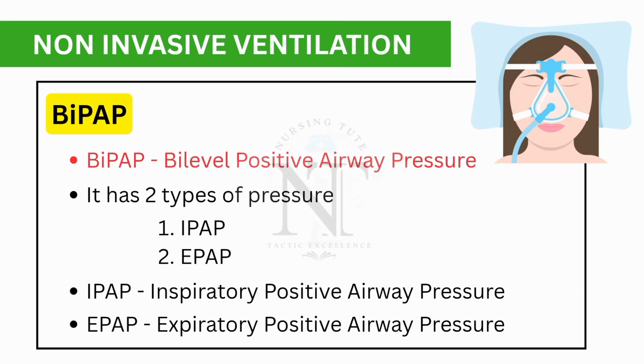Okay. Next, BiPAP. Here, BiPAP stands for Bilevel Positive Airway Pressure, hence it is named BiPAP. It has two types of pressure: one is IPAP and another one is EPAP. IPAP stands for Inspiratory Positive Airway Pressure, whereas EPAP stands for Expiratory Positive Airway Pressure.